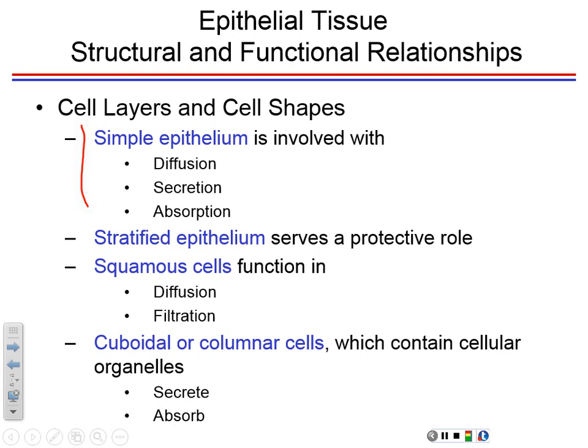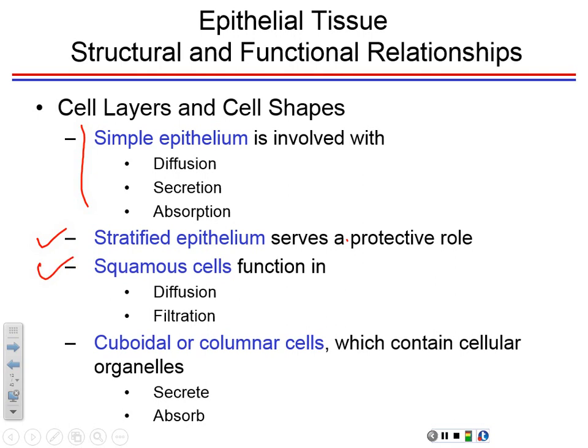In terms of just the simple: diffusion, secretion, and absorption. That's one layer. Stratified, secrete something, serve as protective as well. The more layers you have, the more protection you have. Like skin, it's thick actually because of the multiple layers of skin.